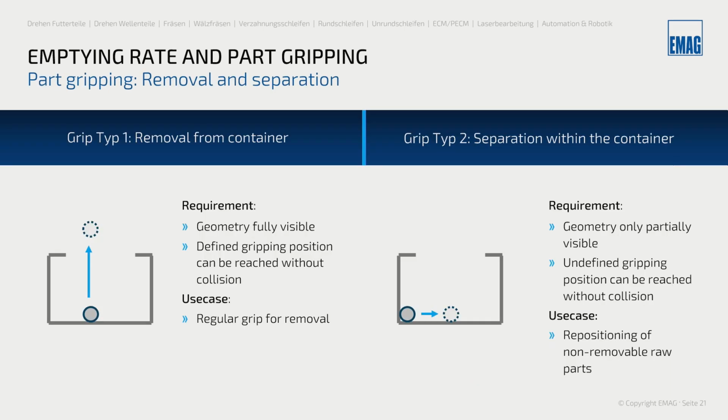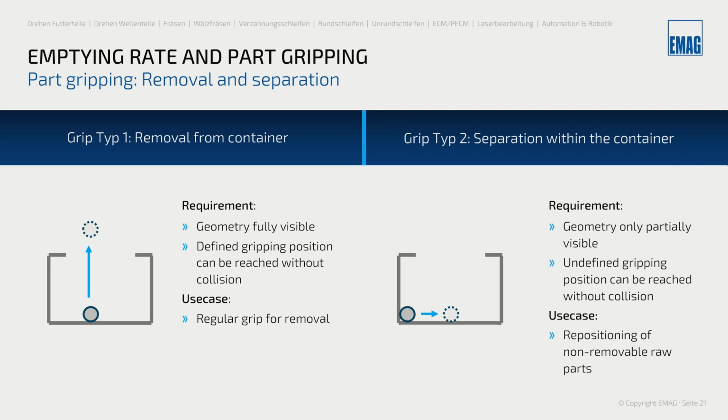I talked a lot about different part gripping separations, about removal from the container, and about separation of the parts. So let's have a closer look at that. We divide into two different grip types. First of them is to remove parts from the container. This is most of the time what the bin picking system does. Here, we have two requirements.